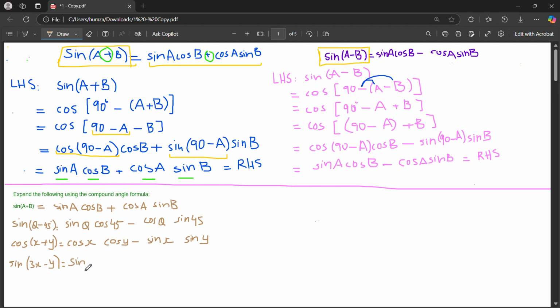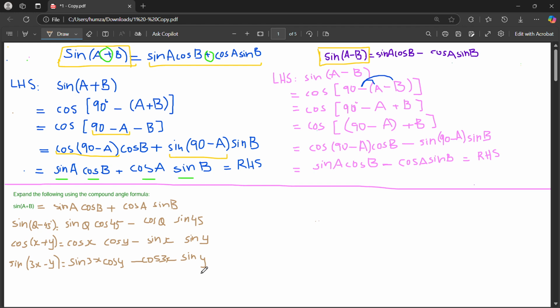Sin, cos, cos, sin. Okay, so this is the pattern, and there is a negative sign in the brackets. We are not going to change this negative sign. This will remain as it is. There is your 3x, and there is your y. Again, there is your 3x, and there is your y. So this is the expanded form for these type of questions.